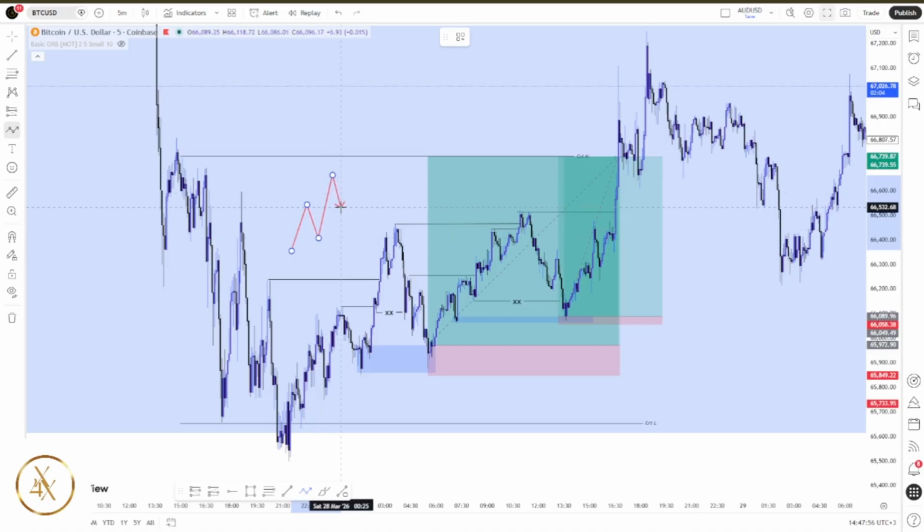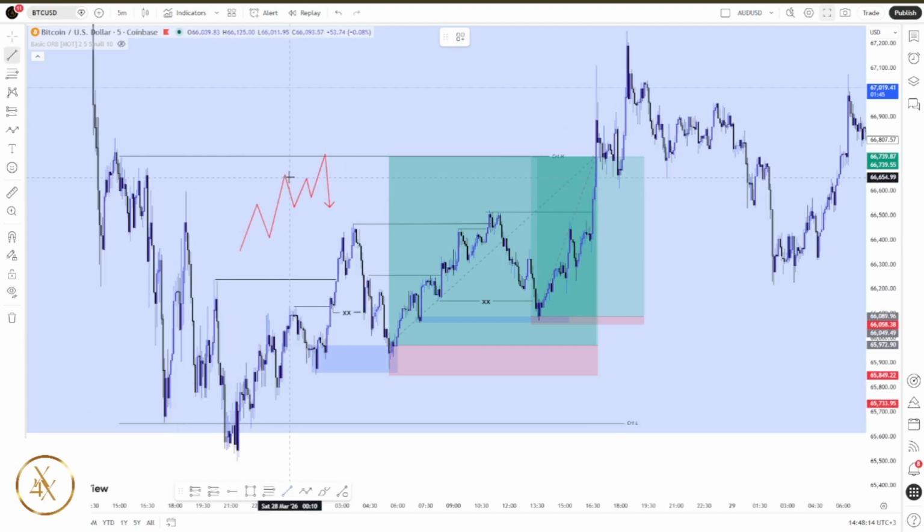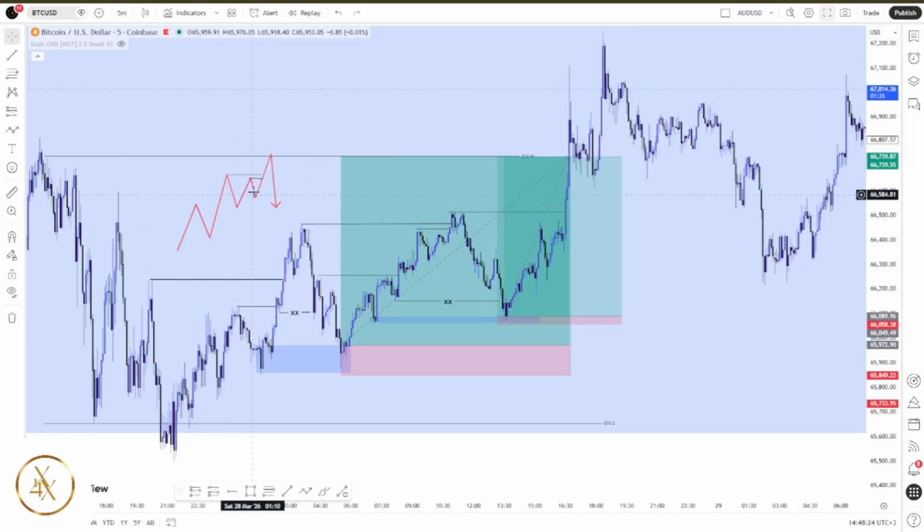When you get something like this, price needs to give you an inducement before it breaks the double structure, and then back to your point of entry, which is usually an order block or a breaker, so that you get this double break right here. You have this and you have this, and that is what happened here.